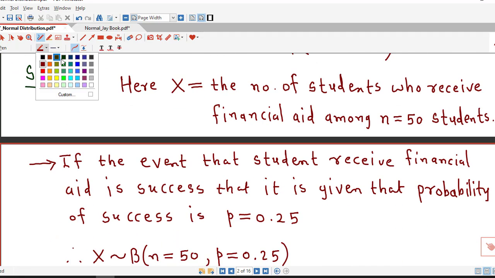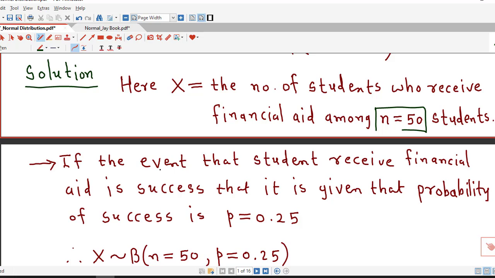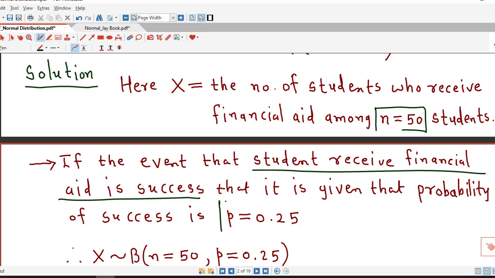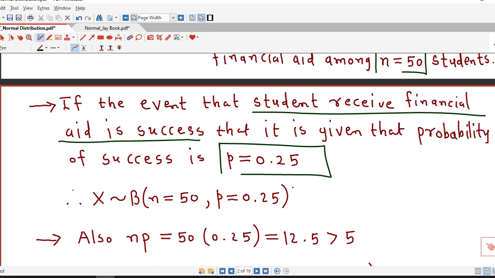Here capital X is the number of students who receive financial aid among n equal to 50 students. Now if the event that a student receives financial aid is success, then the probability of success is 25%, that is 0.25. And as we discussed, capital X is a binomial random variable with n equal to 50 and probability of success p equal to 0.25.